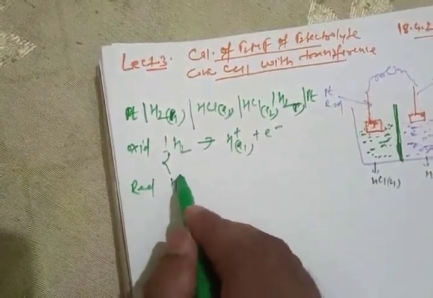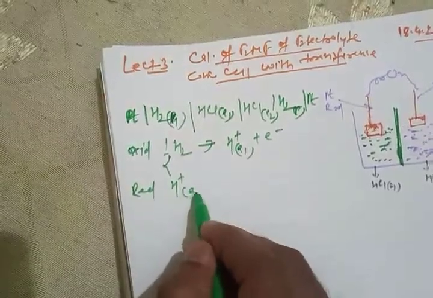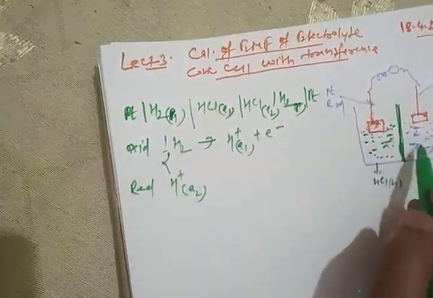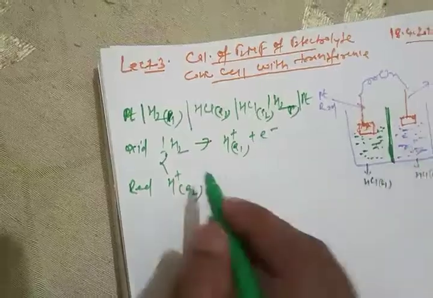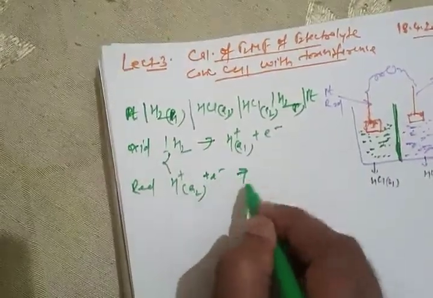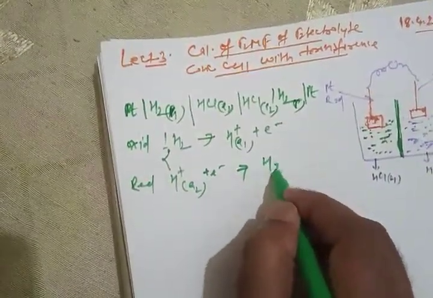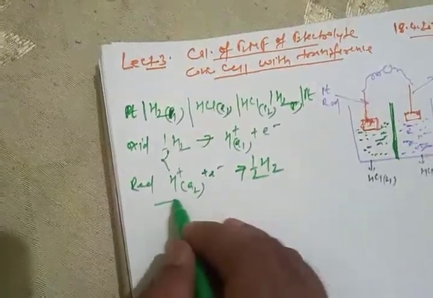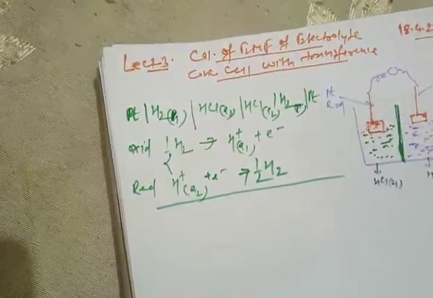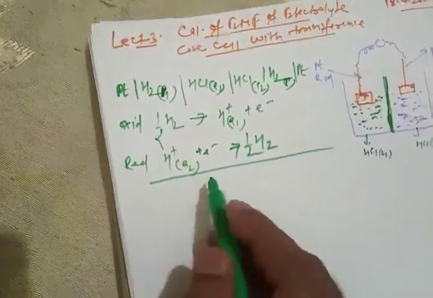So H plus A2 will gain this electron and convert into half H2. So if we go for the overall reaction, what will happen?